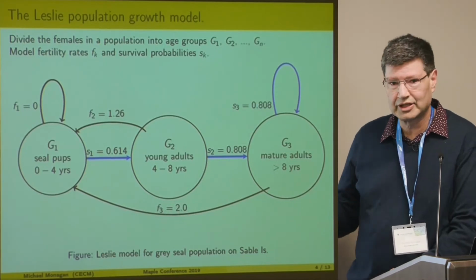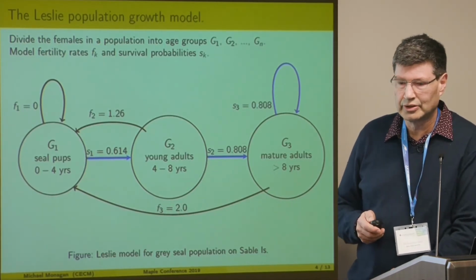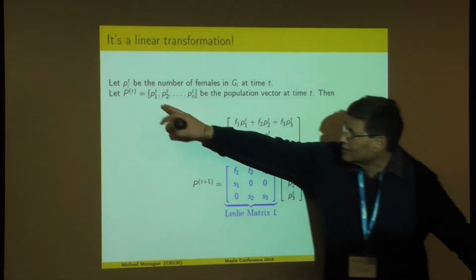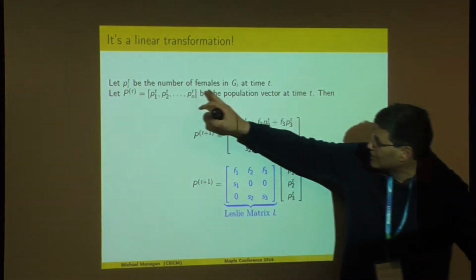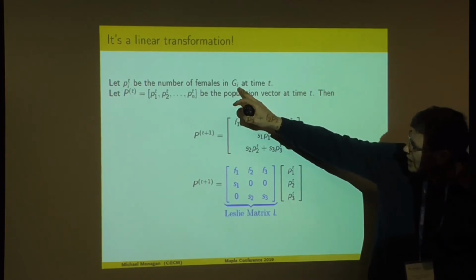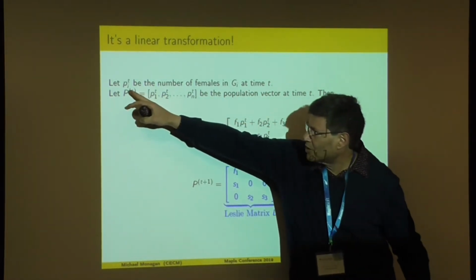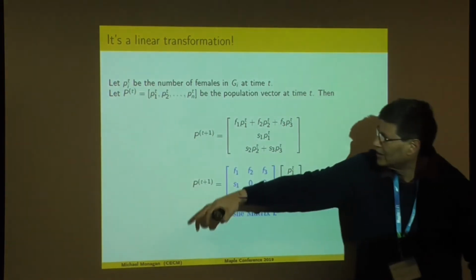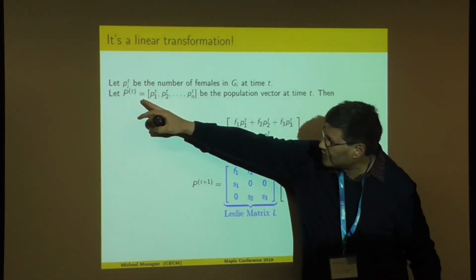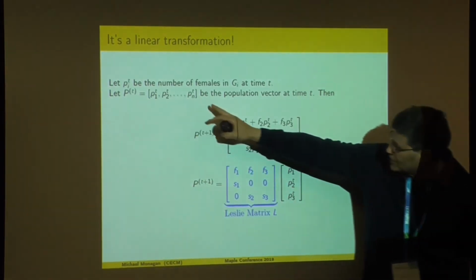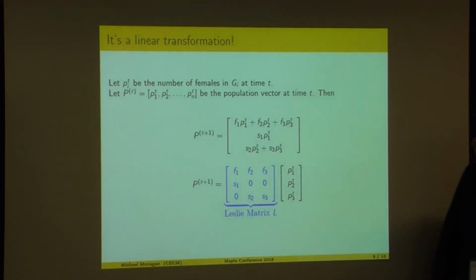Right? And now I have to connect this with linear algebra. Okay, so I'm going to let little p sub i of t be the number of females in group i at time t. So p for population, the population of group i at time t. And I'm going to have a population vector, p sup t, of the population of the groups at time t.